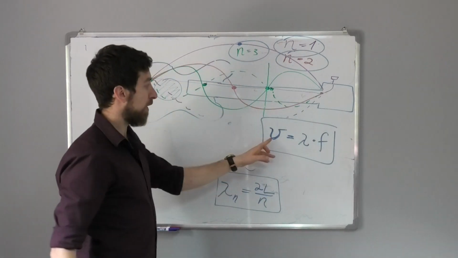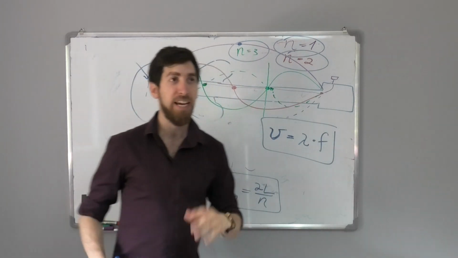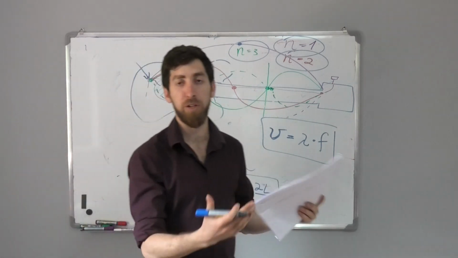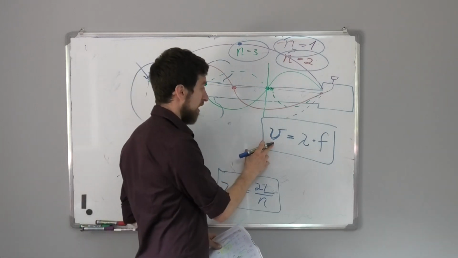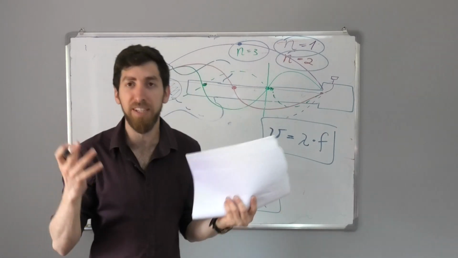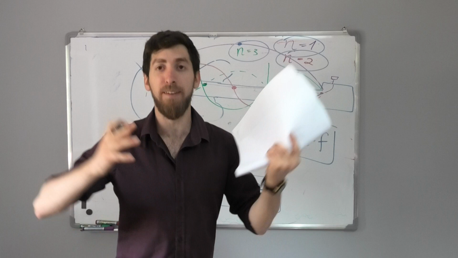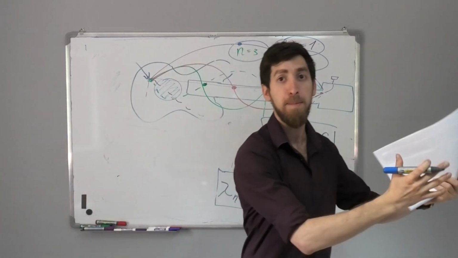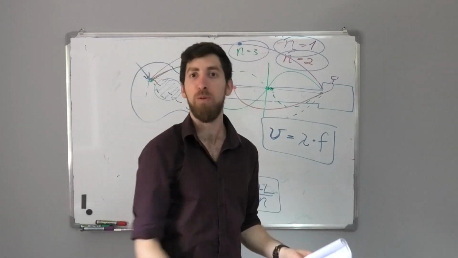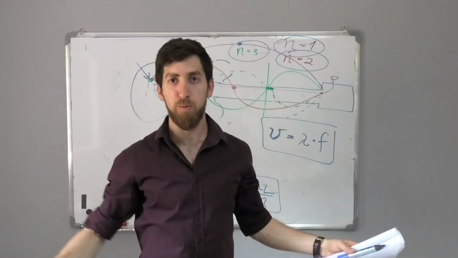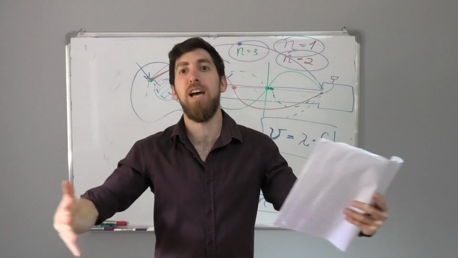So what is v? v is the disturbance that propagates. What is a wave? A wave is something that happened, something moves, and it goes through some medium. That's the idea of waves. If I make a splash in the water, it propagates inside the water.